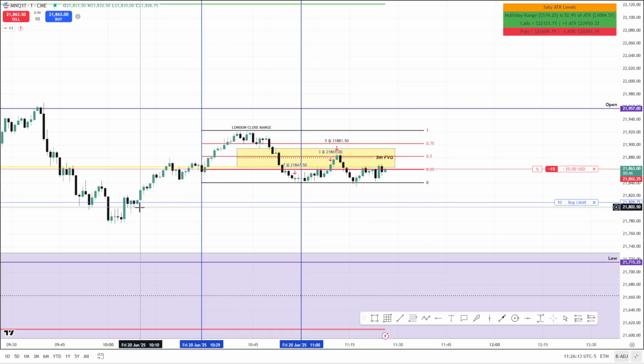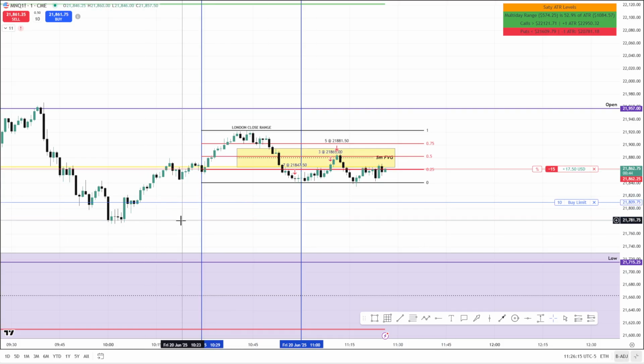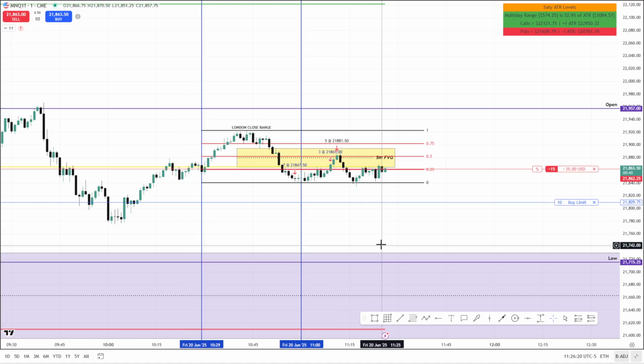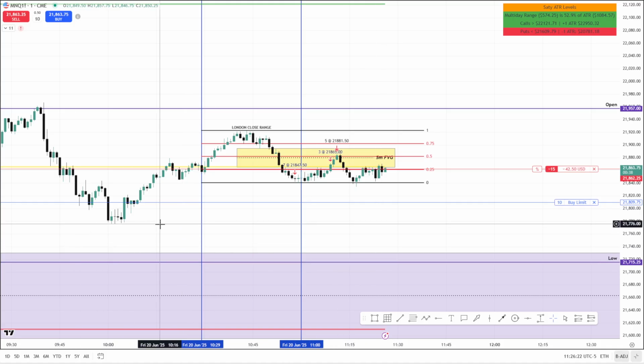This was a 5-minute swing low right here. And then we got a lot of smooth edges right here.